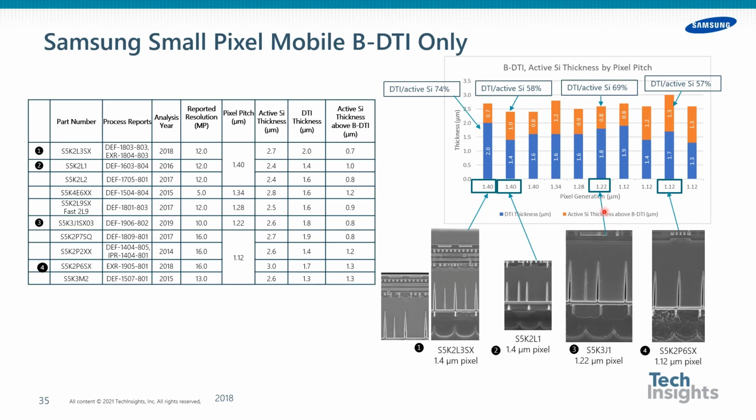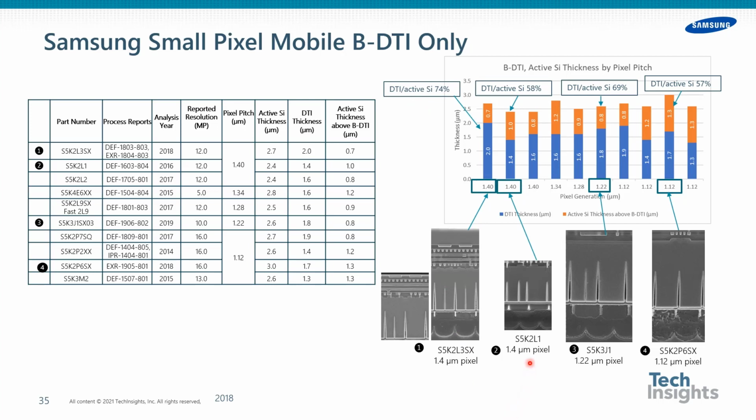So basically for Samsung, we notice that in general, the range of the partial DTI is comparable to Sony. In this case, we are pointing out, for instance, the 2L3, which is a 1.4 micron pixel. It has a DTI to active silicon ratio of 74%.